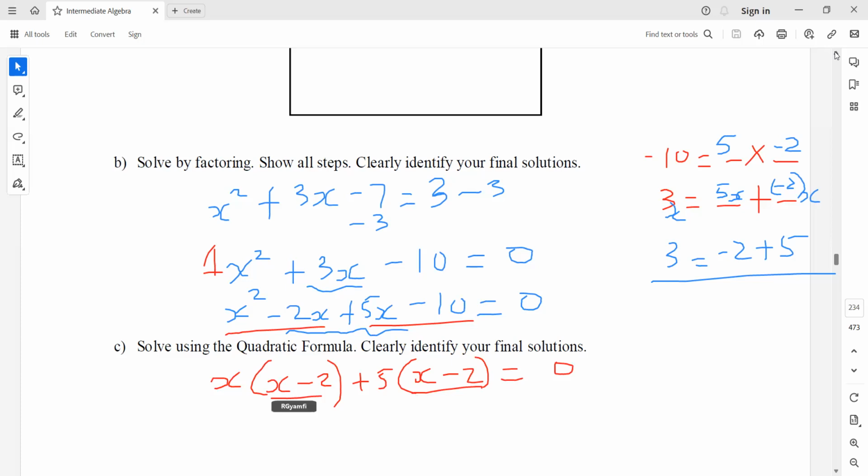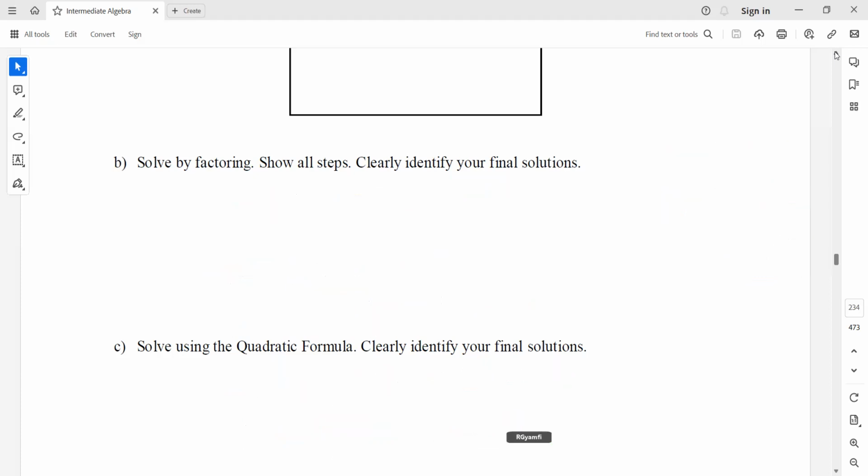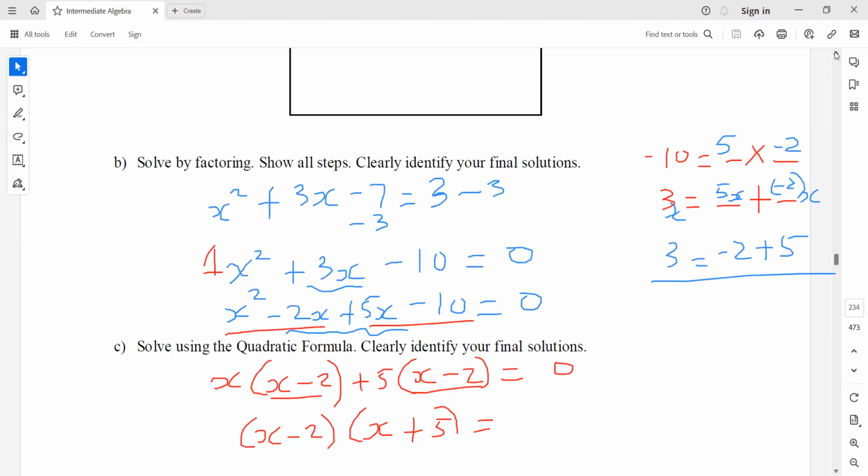Remember, these two should always be the same. And because they are the same, I'm going to bring that out because that is common. And then I have x plus 5 equals 0. So I have two options now.